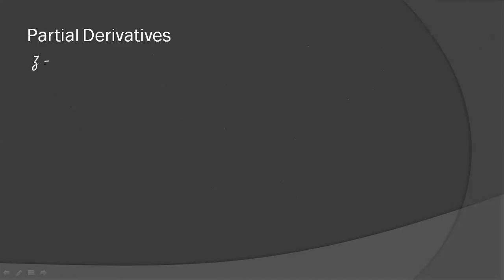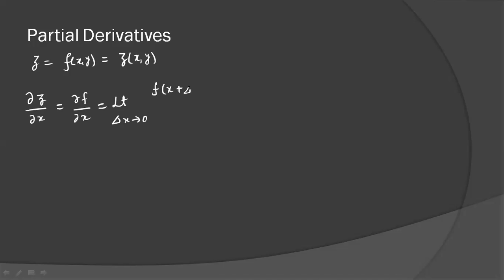If z is a function of x, y, then del z by del x is given as del f by del x. We can also represent it as limit delta x tending to 0, f of (x plus delta x, y) minus f(x, y) over delta x. This will be equal to del z by del x if and only if this limit exists.